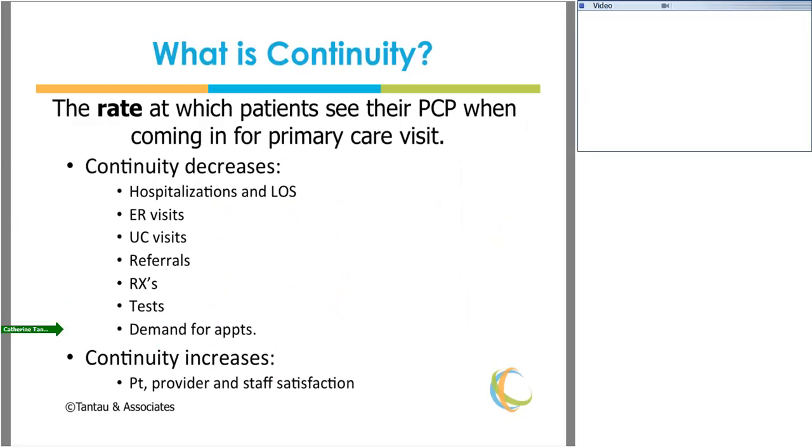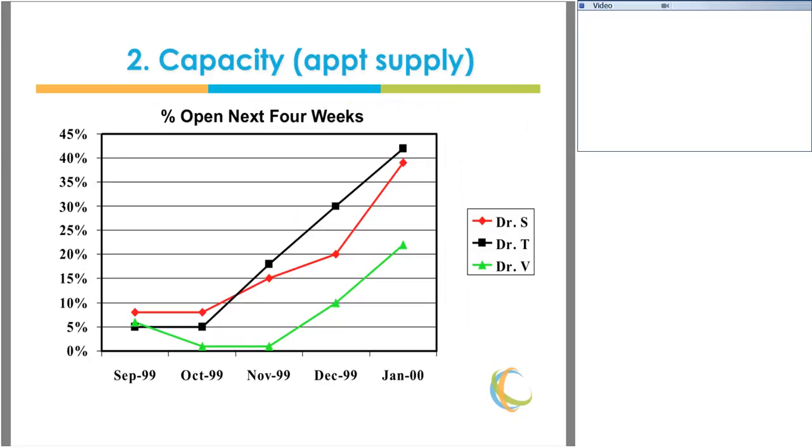And interestingly enough, it lowers the demand for appointments. So if you're struggling with high demand numbers, the ability to match patients with the PCP consistently is critical. And of course, satisfaction improves across the board. So continuity is really, really important.